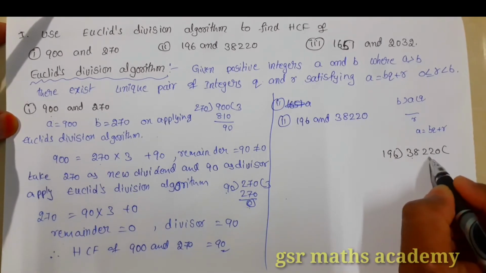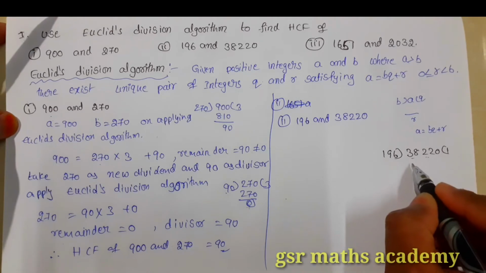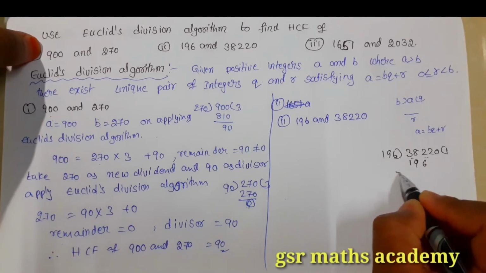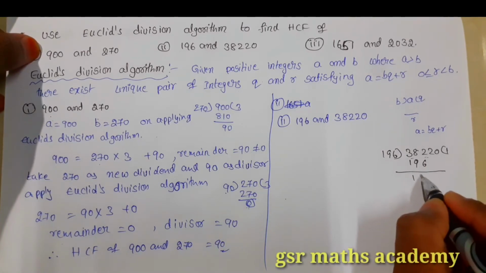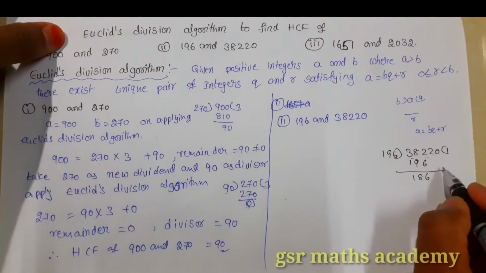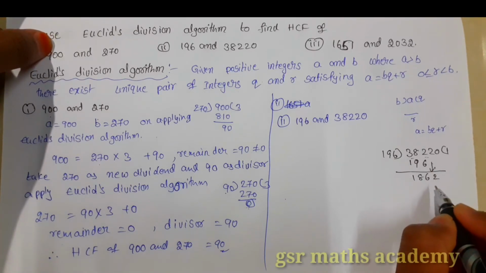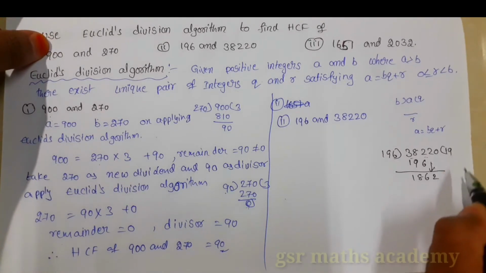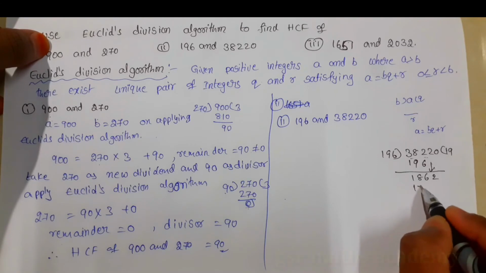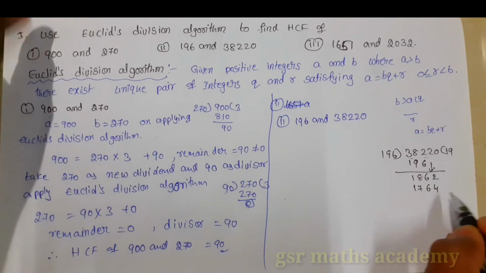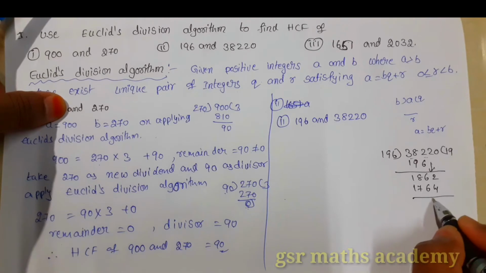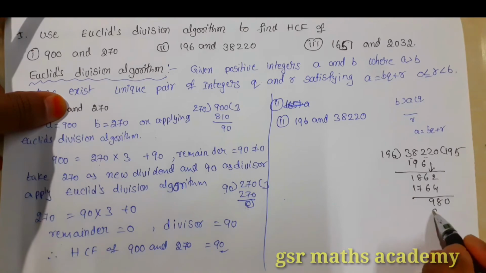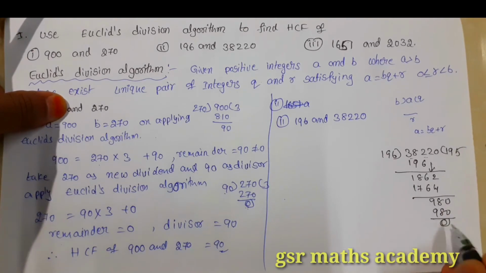So first I'm taking the first three digits. 9 times 196 is 1764 and subtracting it you get 186, and bring down the 2, then it becomes 1862. Now 9 times 196 is 1764. Now I'm subtracting it, you get 98, then bring down the 0, then 5 times 196 is 980, and then we get remainder 0.